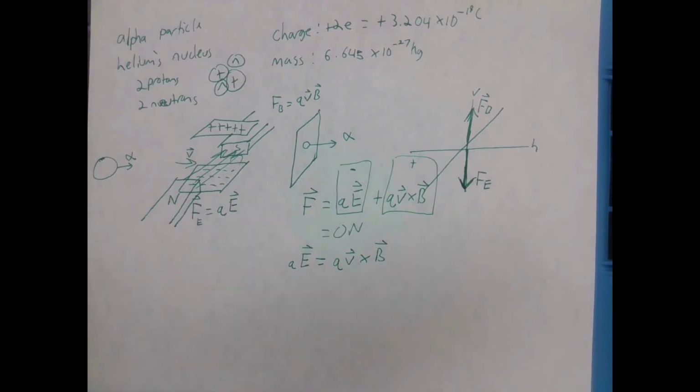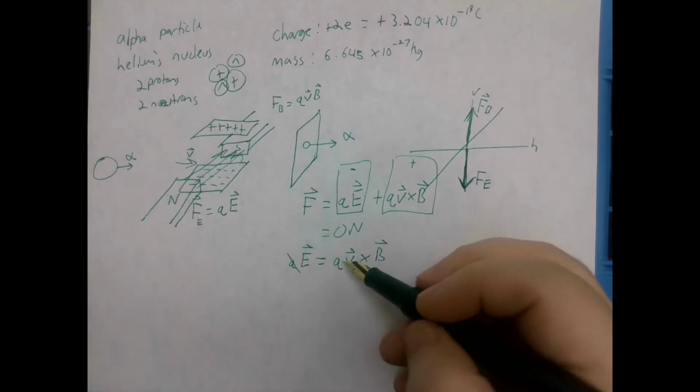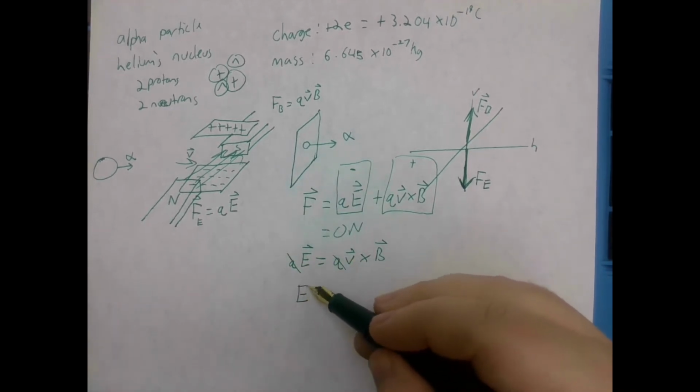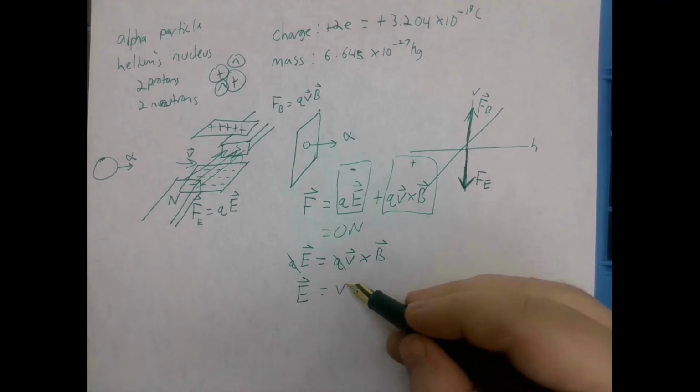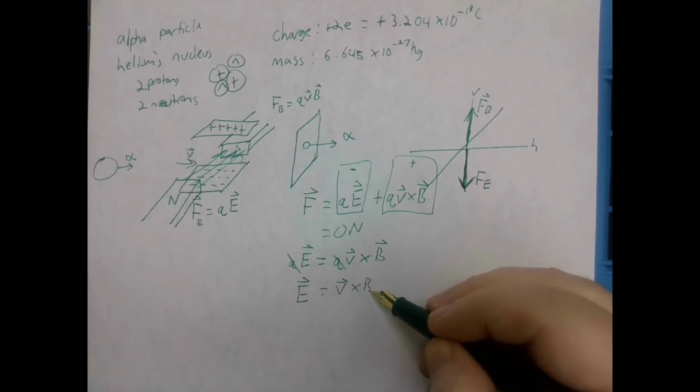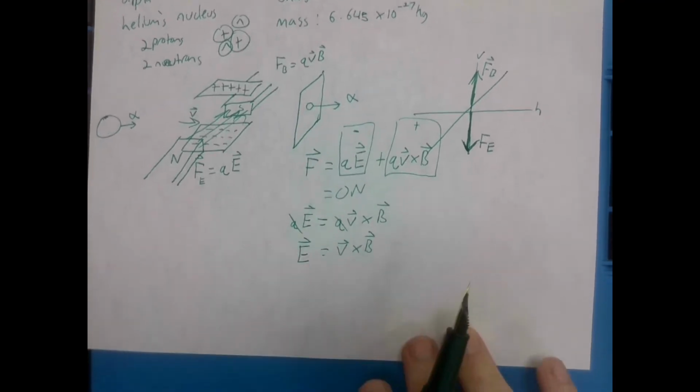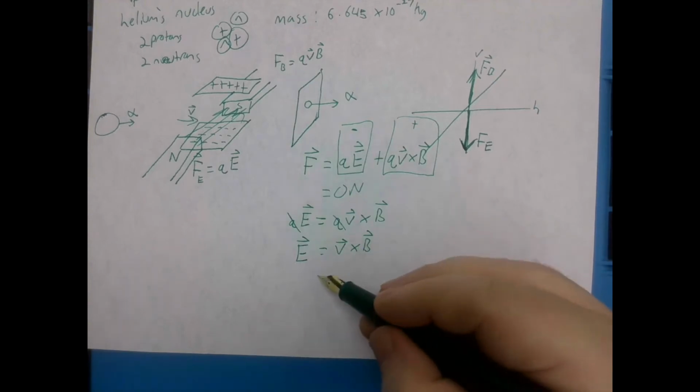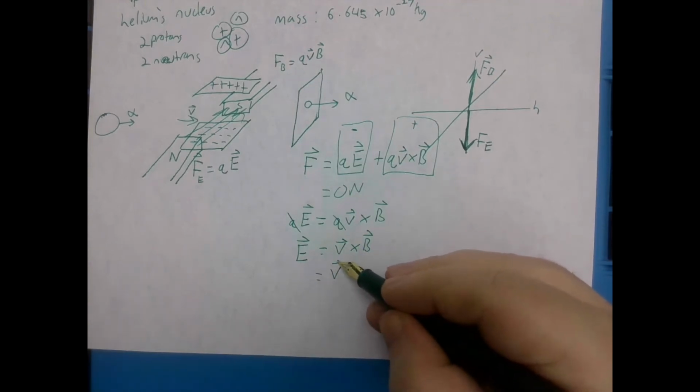We have a Q on both sides. We can eliminate that. And because they are perpendicular already, we can get rid of the cross product.